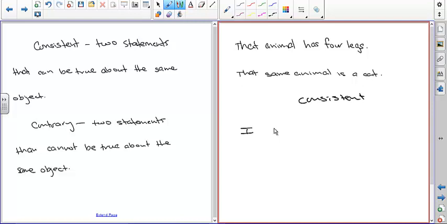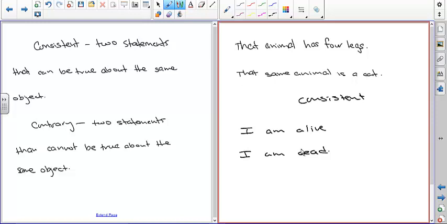Here's two statements that are not consistent. I am alive. I am dead. Okay. Can I be both alive and dead at the same time? No. My last name is Nicholson. My last name is not Nicholson.